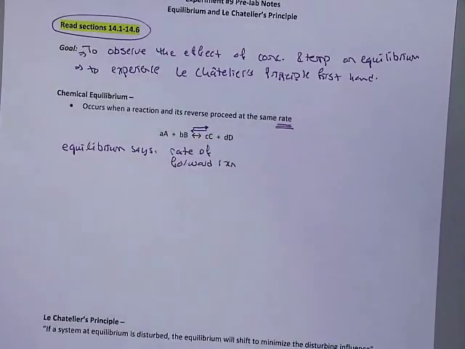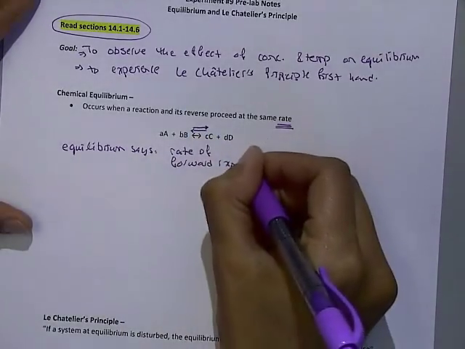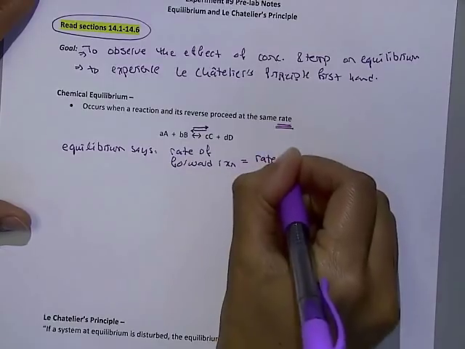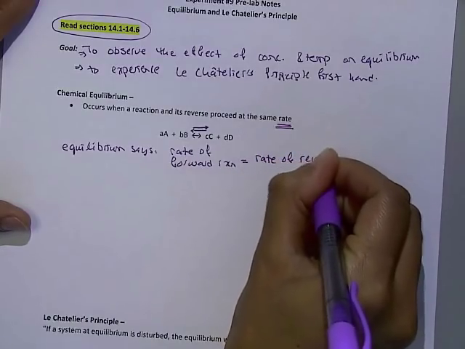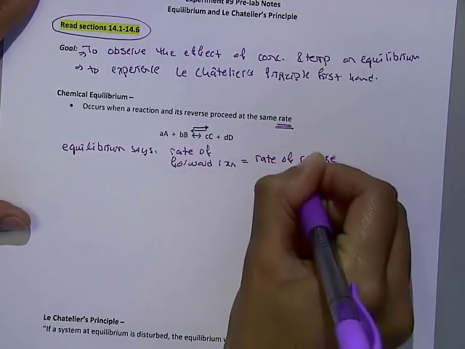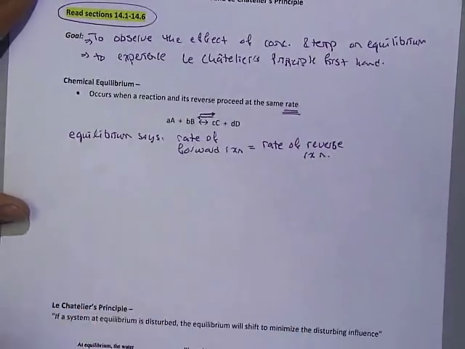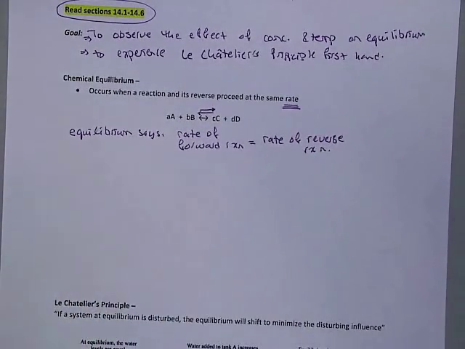Equilibrium means that the rate of the forward reaction is equal to the rate of the reverse reaction. And we'll go over equilibrium in detail in lecture next week.